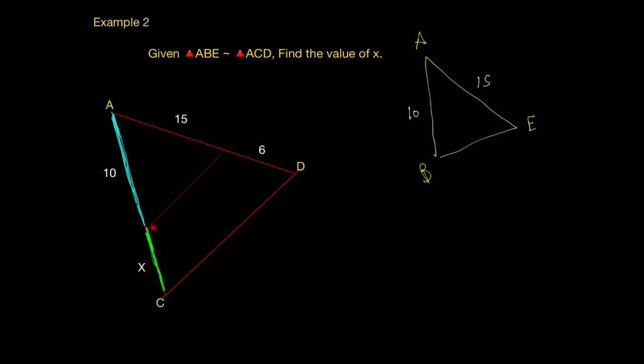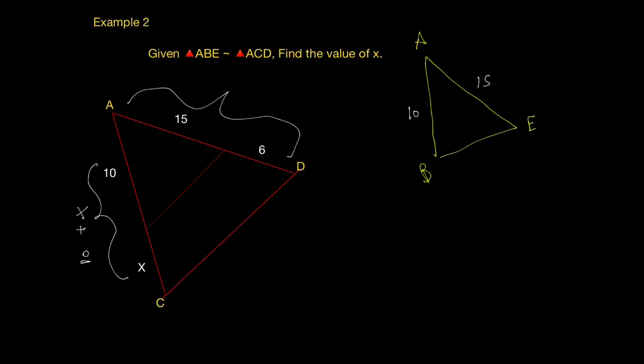So if I want to get the whole thing, which is the whole red thing, I'm going to have to add these two values. So this length is 10 plus x. The same thing here. The whole length here is going to be 15 plus 6. So I'm going to go ahead and get rid of these two.